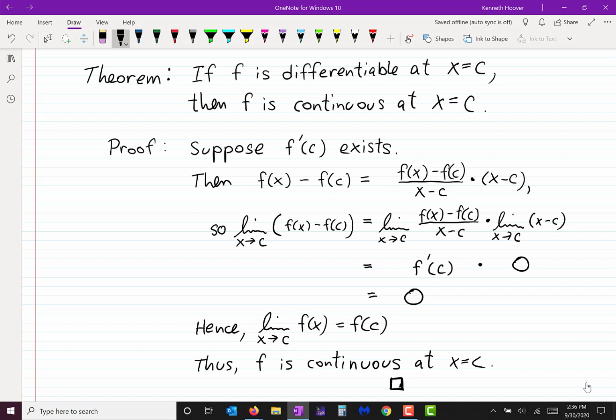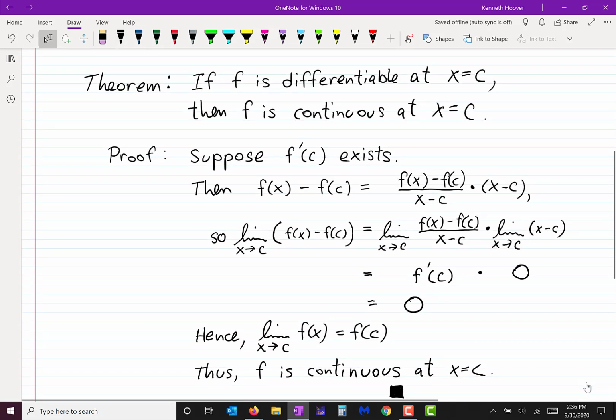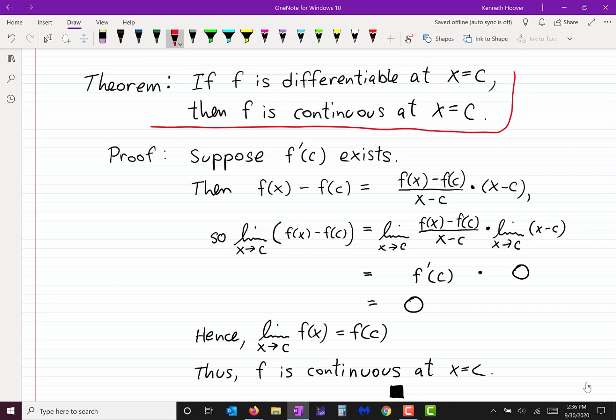Sometimes people like to fill it in. Okay? So that's an important theorem. Please remember that. In order to have a derivative at a certain location, the function must be continuous at that location.